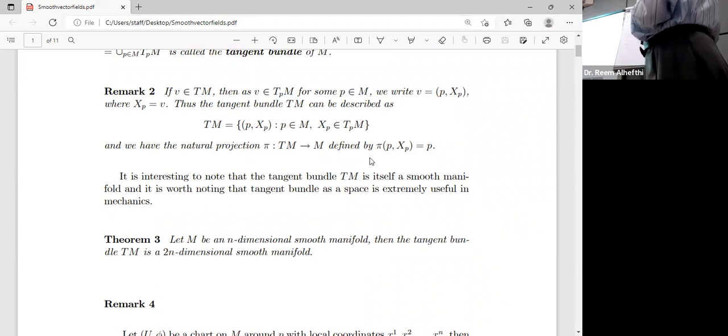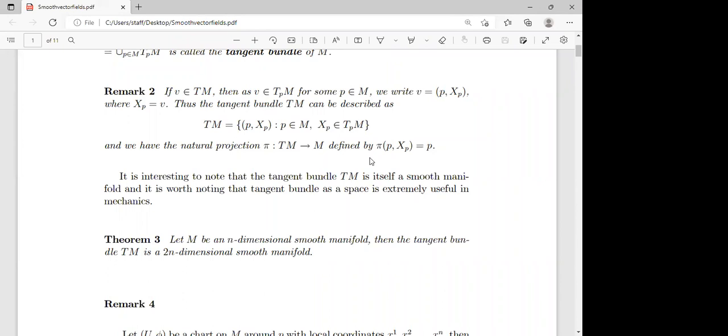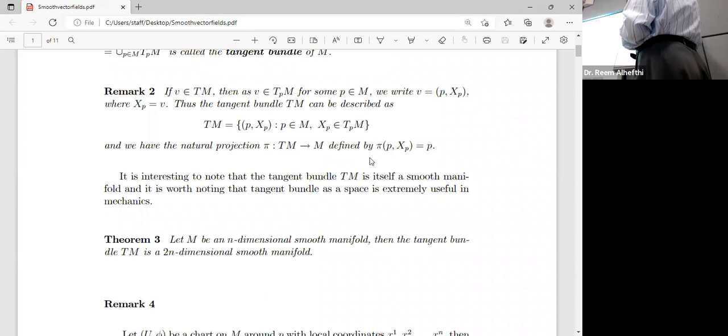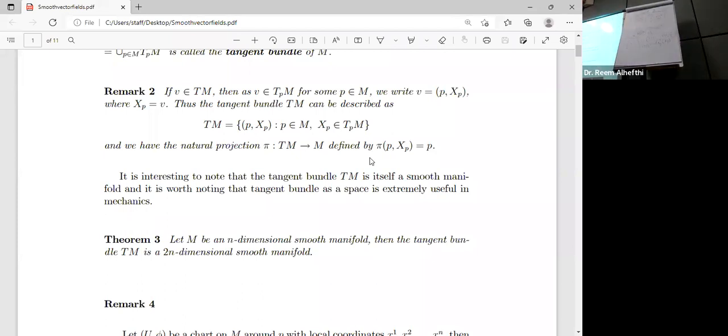So what coordinates do you have? You have x1, ..., xn, y1, ..., yn, 2n coordinates, where the xi's are nothing but xi composed with the projection, and the yi are nothing but dxi applied to Xp. This way, the tangent bundle TM becomes a 2n-dimensional smooth manifold. I hope it is clear.